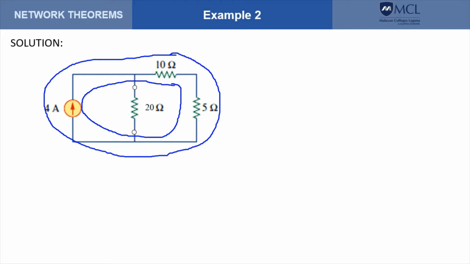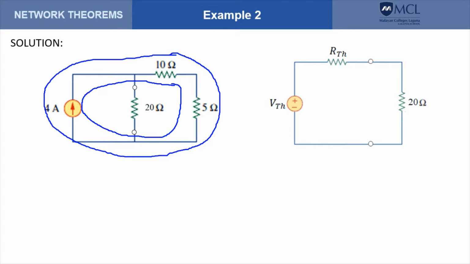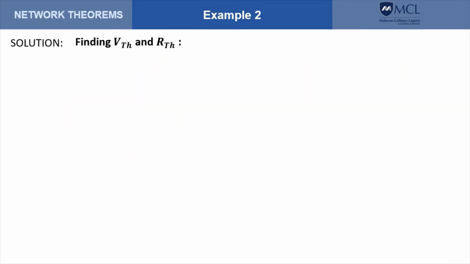Once we determine that, that would turn the circuit with respect to the 20 ohm resistance into something like this. So let's proceed in finding VTH and RTH.